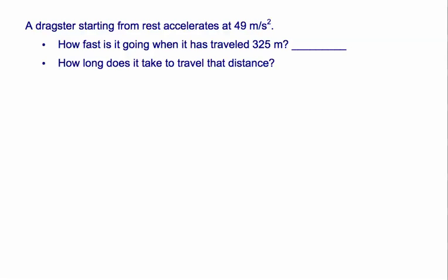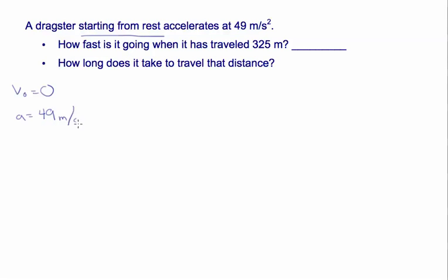This one seems to not have very much information, but there is some implicit information that you might not notice. The dragster starting from rest. That's important. That means the initial velocity is 0. And it has an acceleration of 49 meters per second squared.